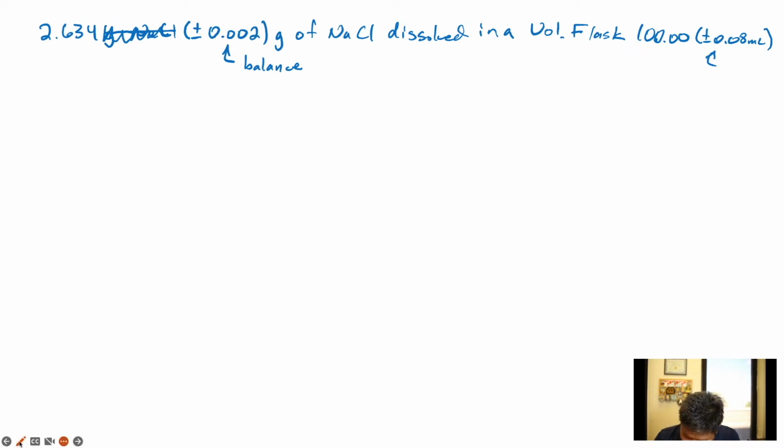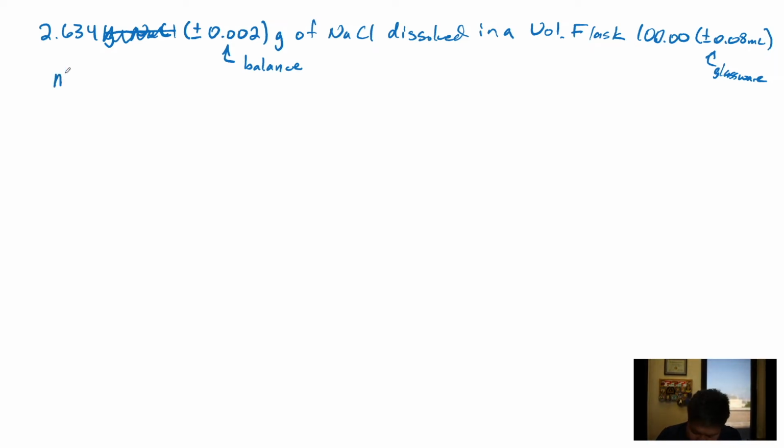Which makes your life a little easier, but just know that in real life, you're going to have to actually make uncertainty budgets. So this is from the glassware. Printed on glassware.